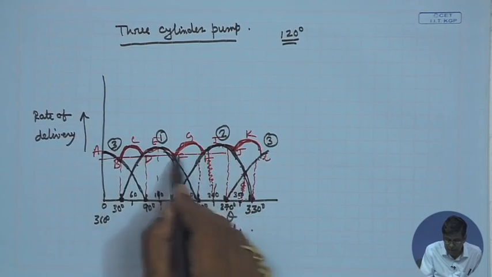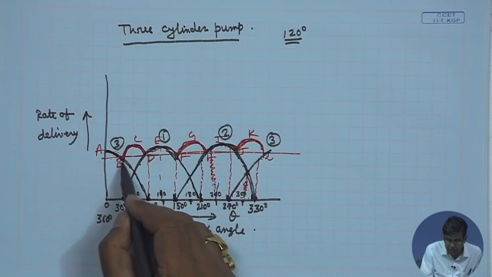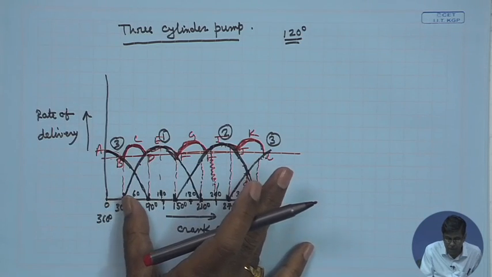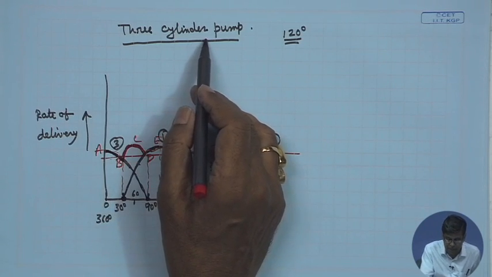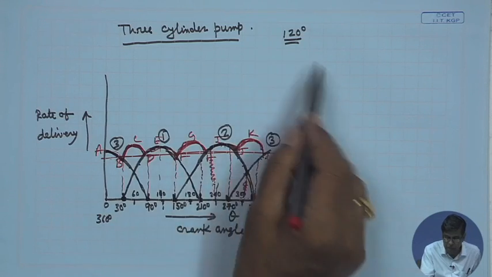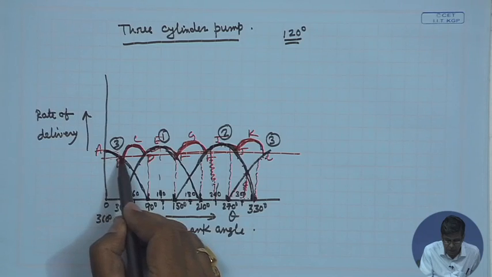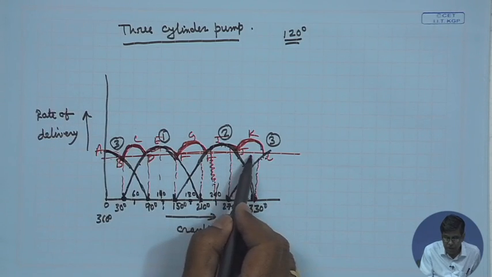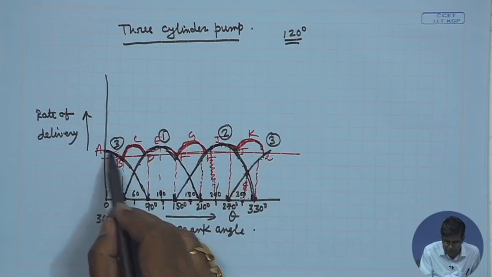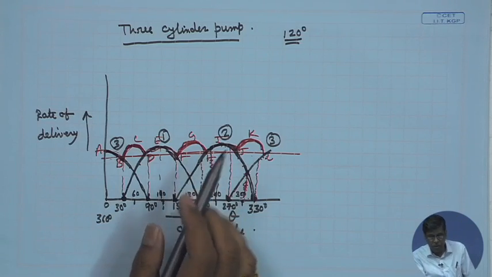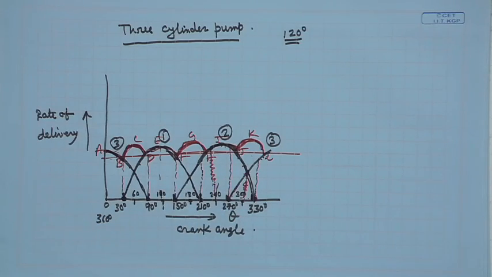We can make a mean line about which the fluctuation is there, and if you have more pumps instead of 3 cylinders equally spaced within the crank angle of 360 degrees for one revolution, you get a more even or uniform distribution, but still there will be a fluctuation. So this way, using a number of cylinders we can reduce the fluctuation and get a uniform discharge rate from a reciprocating pump.